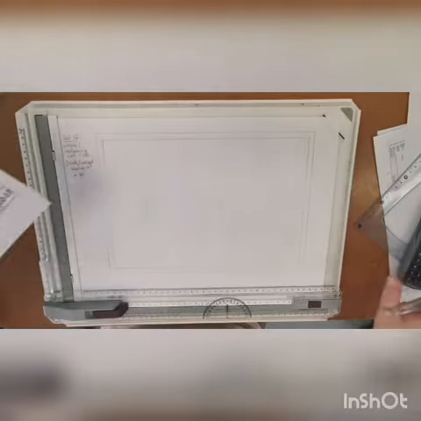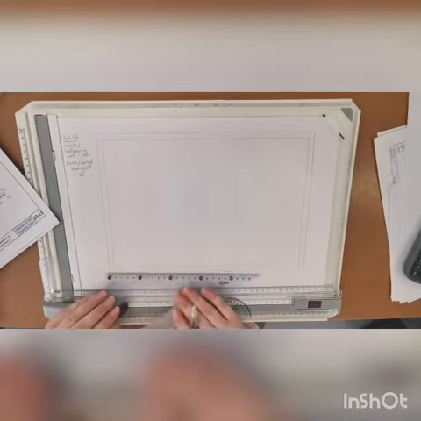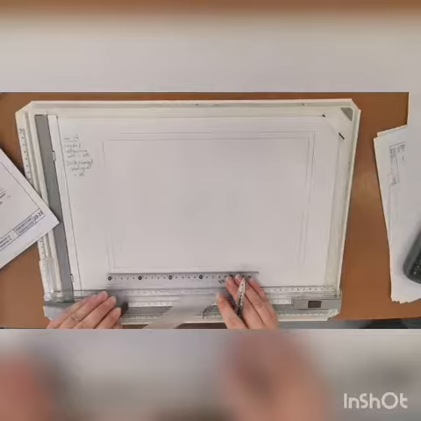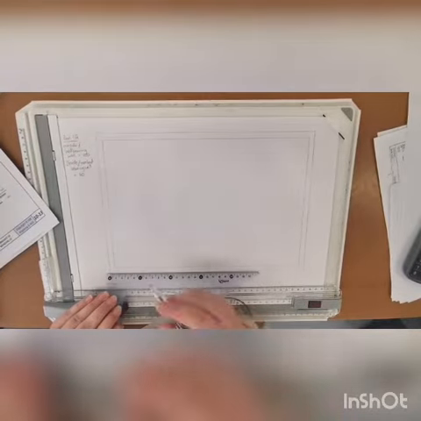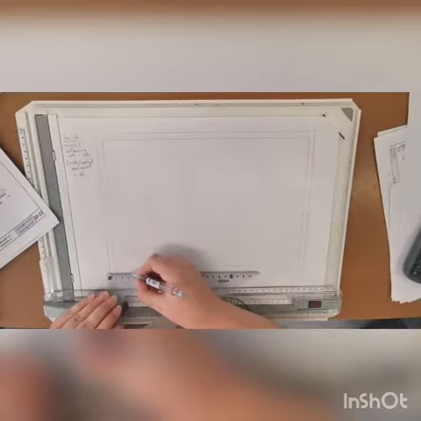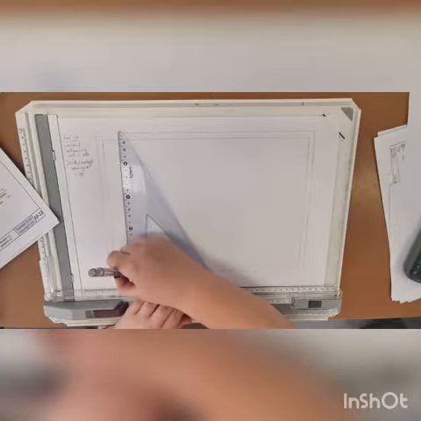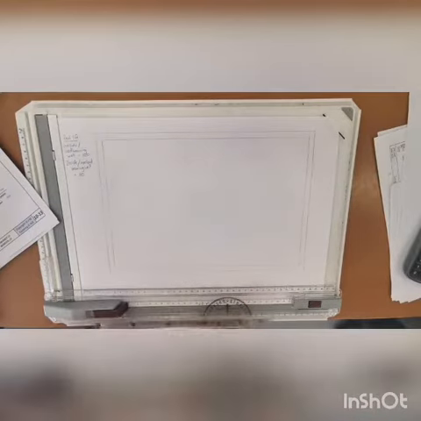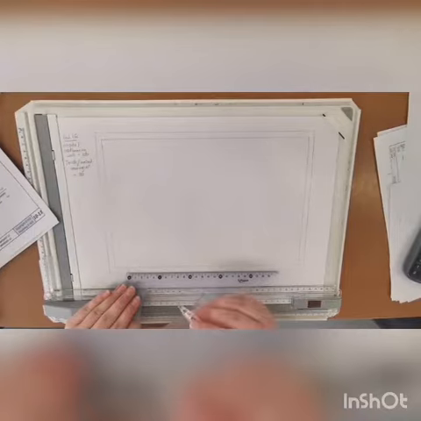Right. So, when you're measuring for doors and windows, please make sure you're not measuring from the inside, you're measuring from the outside. Okay, 32. Let's put a spot here for it. 66.